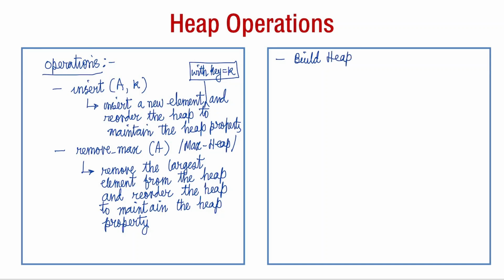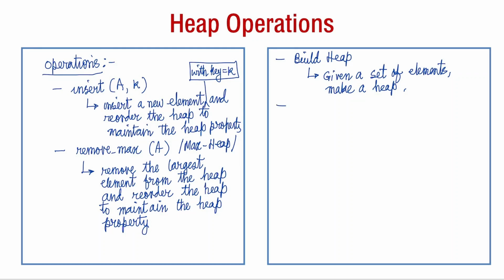That means, given a set of elements, make a heap which satisfies the heap property. These are the three primary operations.